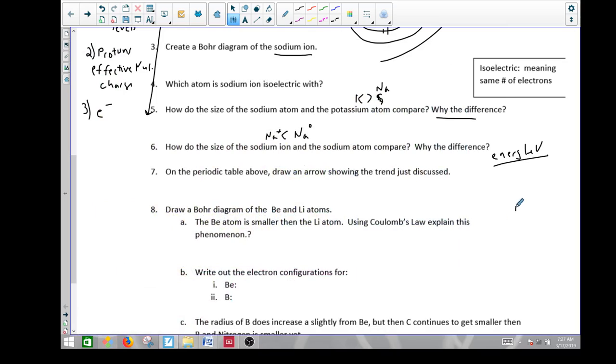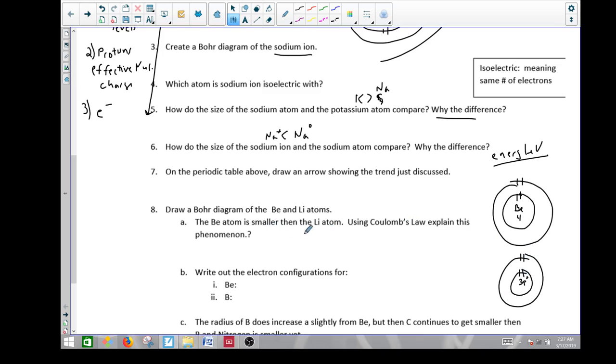So beryllium has 4 protons, 1 energy level, 2nd energy level, and 1, 2, 3, 4 electrons. And then the lithium has got 3 protons, 1, 2, and like so.